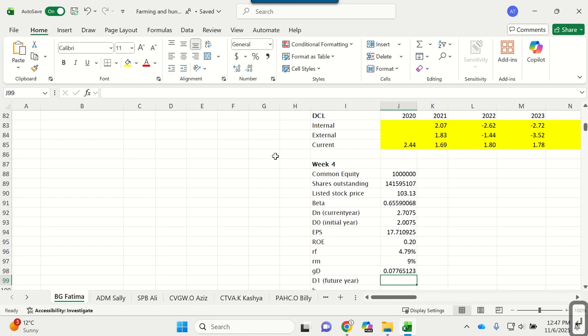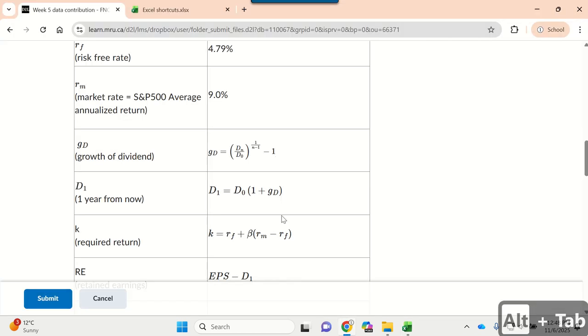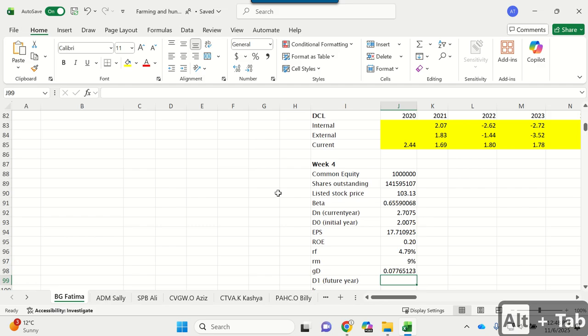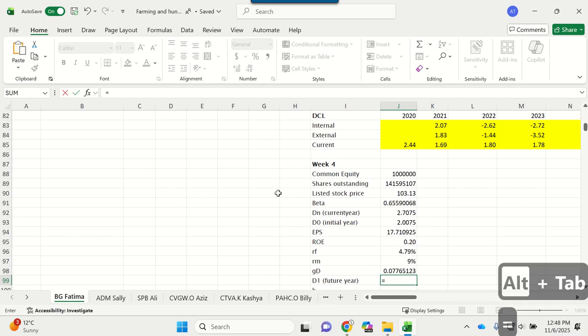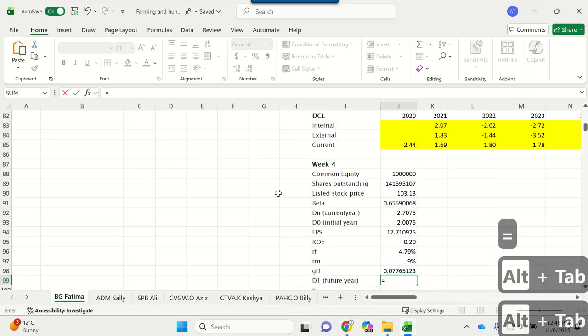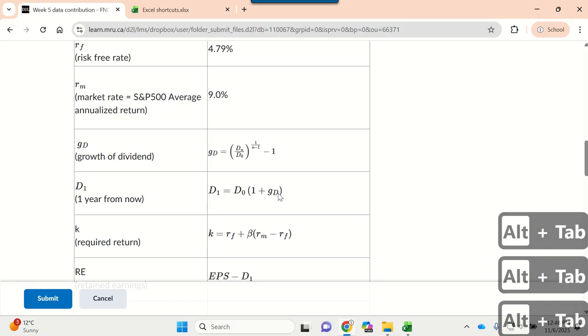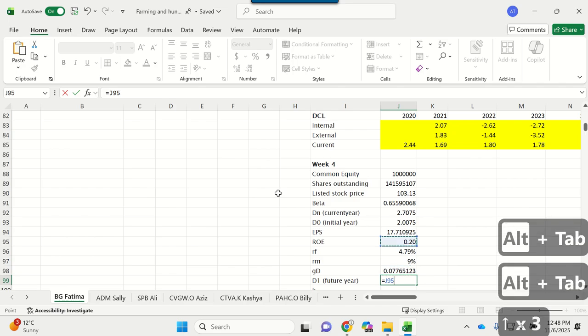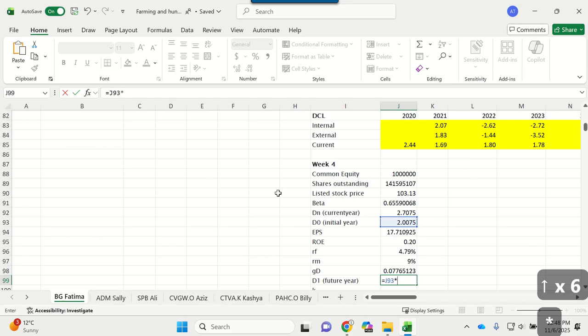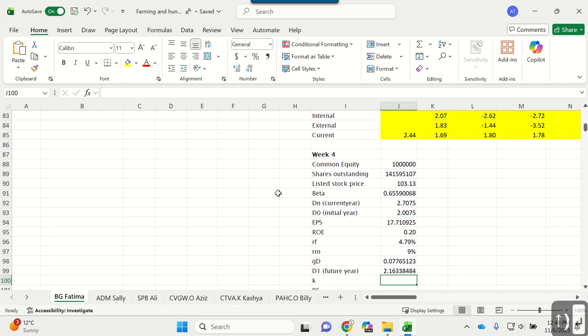And then the D1, the future dividend, the formula for that is the initial dividend times, in brackets, 1 plus the growth of dividend. So it's equal the initial dividend multiplied, I have to put an asterisk, in brackets, 1 plus whatever this growth is. Close. Good.